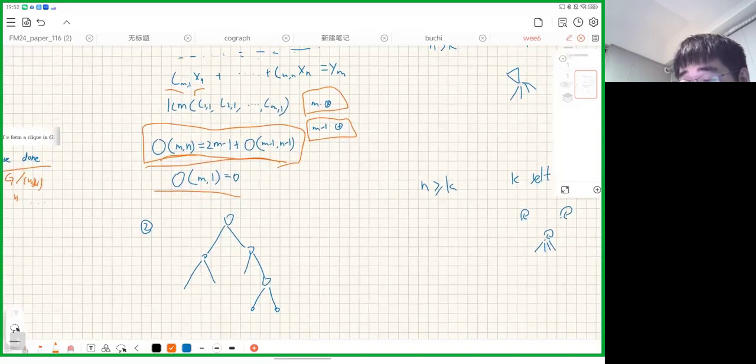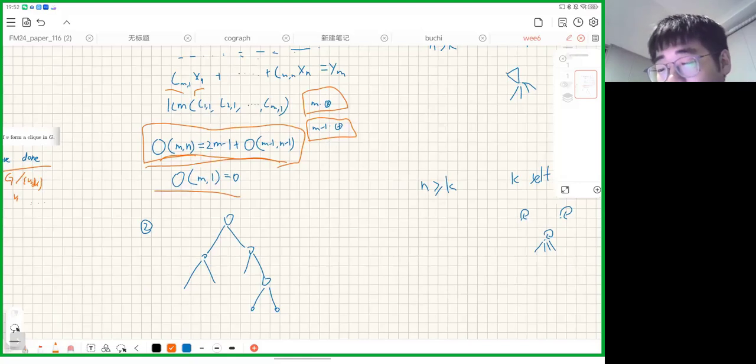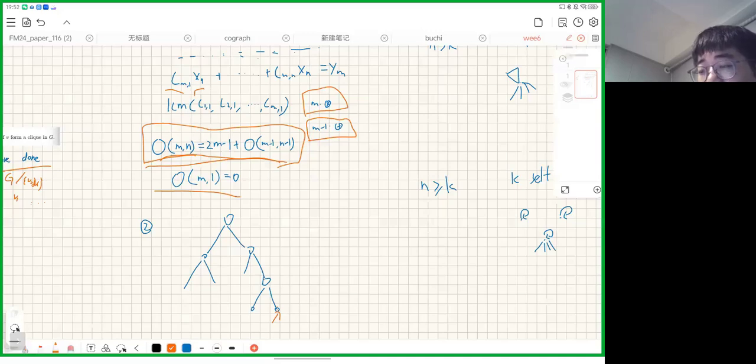Okay. Well, question 2, this is not hard. Consider a tree. Let's check a leaf. This leaf is only connected to its parent, and there's no other edge connected to the leaf. Let's say this is x and this is y, and we consider only x and y.